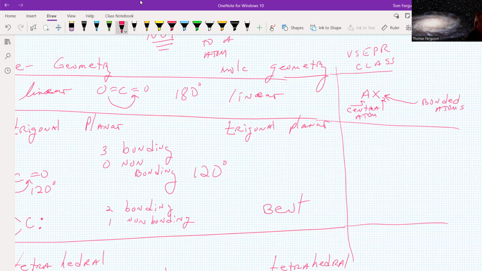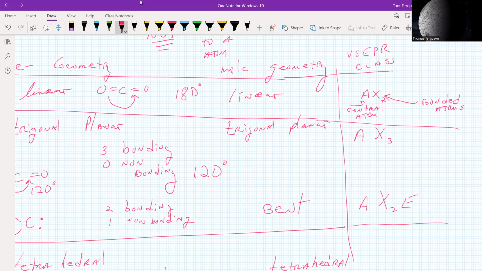For trigonal planar, it's going to be a central atom, and we have 3 bonded atoms, AX3. For bent, in terms of 3 electron groups, we have central atom, 2 bonded, and 1 non-bonding pair.